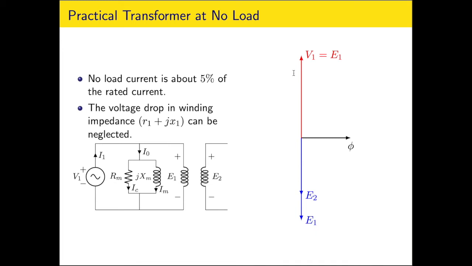Now this particular I0 is taken from this source, and the property of this magnetizing current is to be predominantly reactive. Predominantly reactive means the angle will be close to 90 degrees, but not exactly 90 degrees because of the presence of this core loss component.